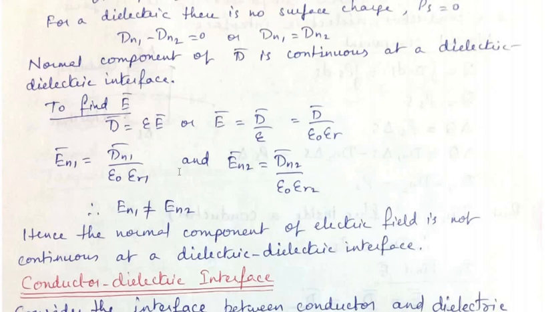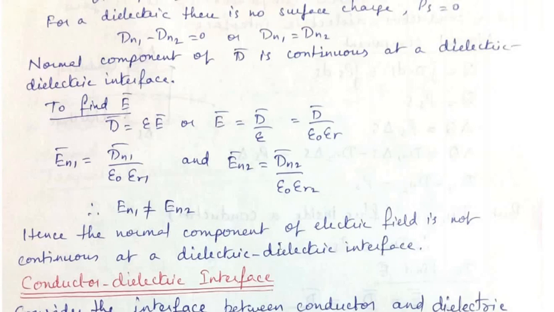So from both of these two equations we can see that En1 and En2 are not the same. So we can write this in statement form, that the normal component of electric field is not equal or continuous at a dielectric interface.